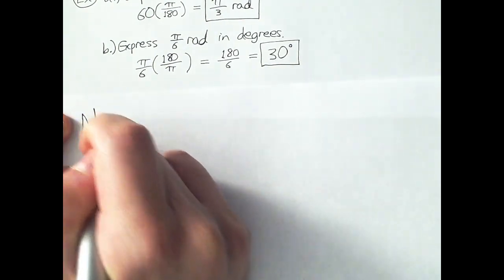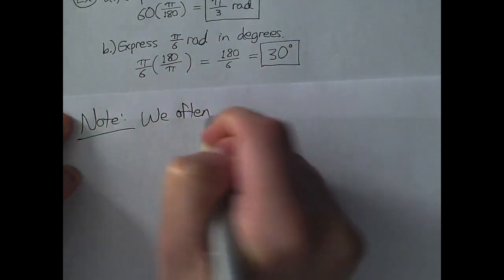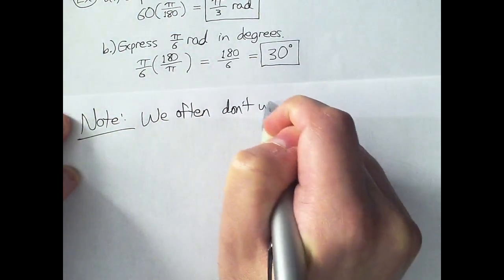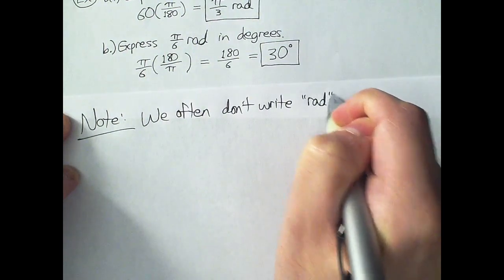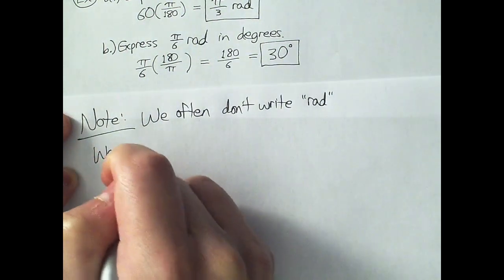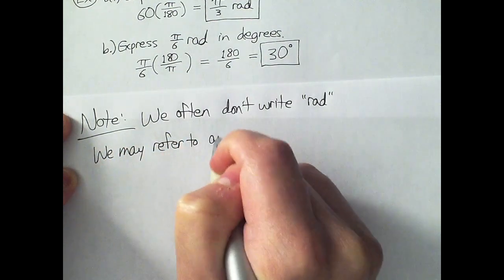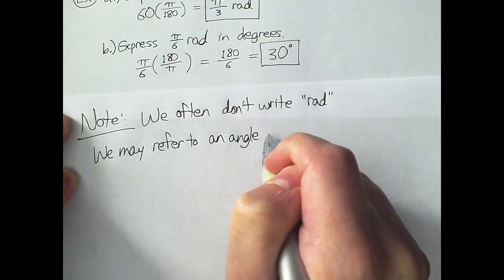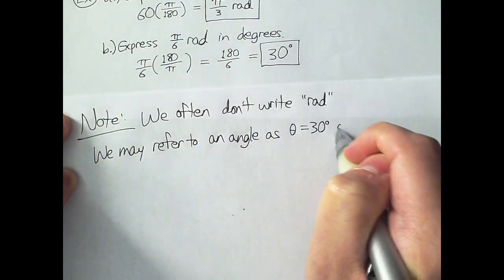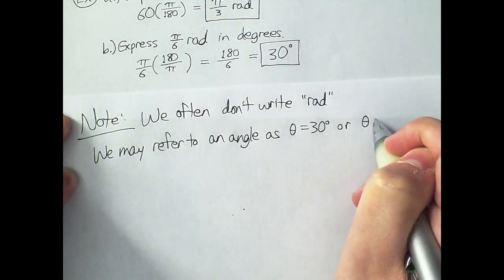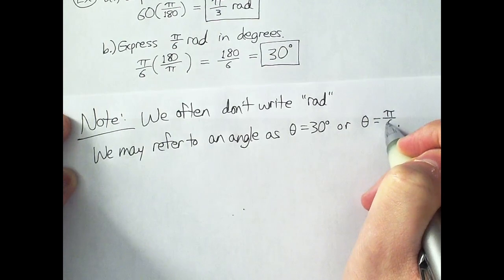Note, we often don't write rad. We may refer to an angle as theta equals 30 degrees, or we could just say theta equals pi over 6, period.